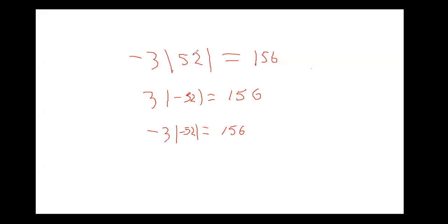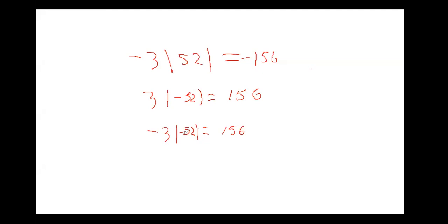Okay. So the first one, negative 3 times 52 is negative 156. The second one is 3 times the absolute value of negative 52. That becomes a positive, so this is just going to stay 156.